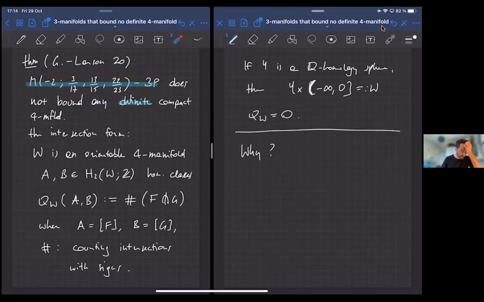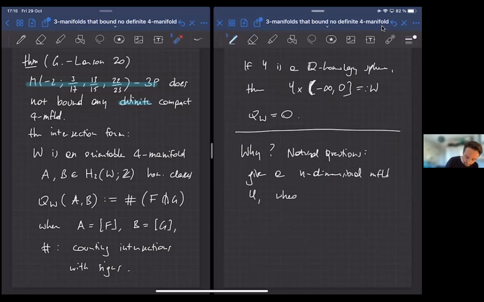So I would argue that if you're a topologist, if you do any form of differential topology, you have to be interested in questions along the lines of: given an n-manifold Y, I don't need to stick to dimension 3, an n-dimensional manifold, when is Y the boundary of an n+1 dimensional manifold?